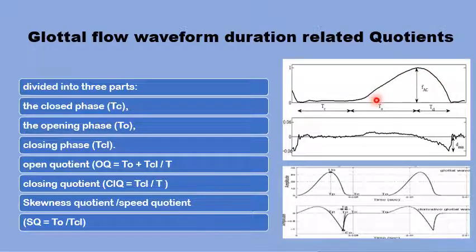The skewness is the opening phase divided by the closing phase. So rather than adding them together, we're dividing the opening phase in here by the duration of the closing phase to give the skewness quotient or the speed quotient.